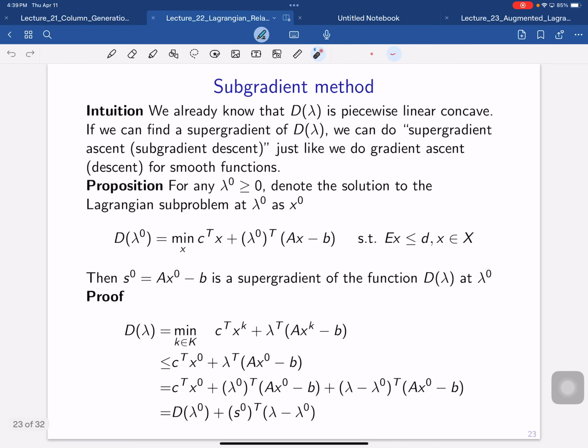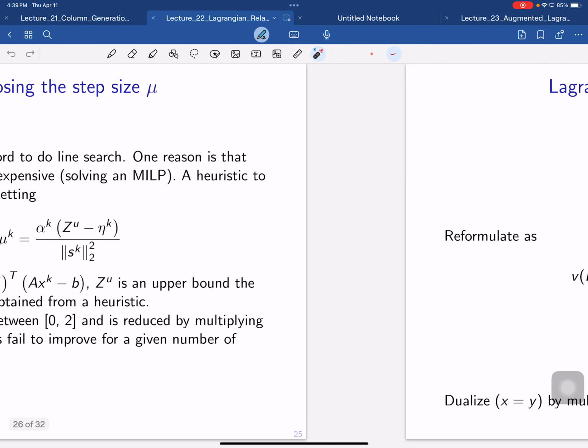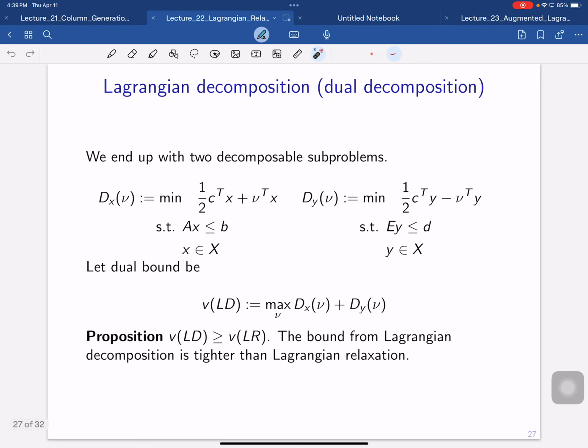Okay, now let's go to Lagrangian decomposition. So those two problems are the Lagrangian subproblems we are solving, right? The second problem is exactly a linear function over the constraint Ey less than or equal to d, y is mixed integer. But in addition to this problem, we are also solving a problem with Ax less than or equal to b, x is mixed integer.